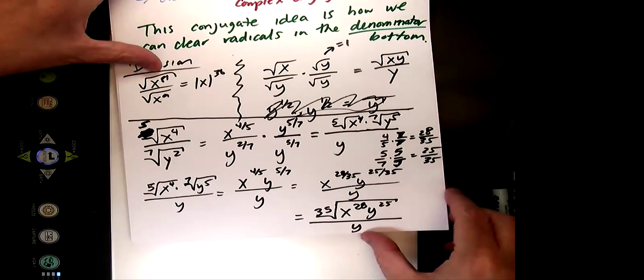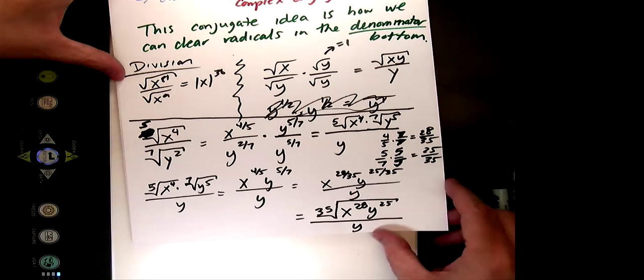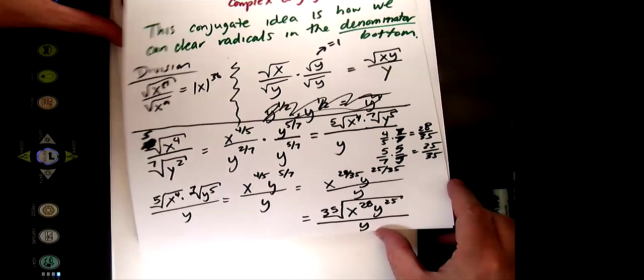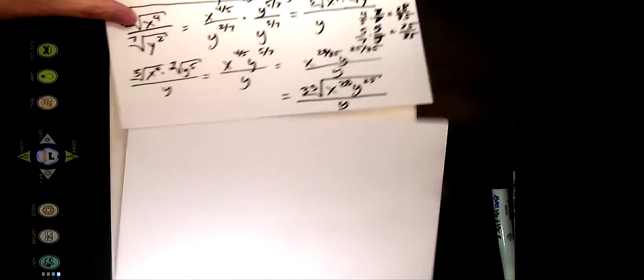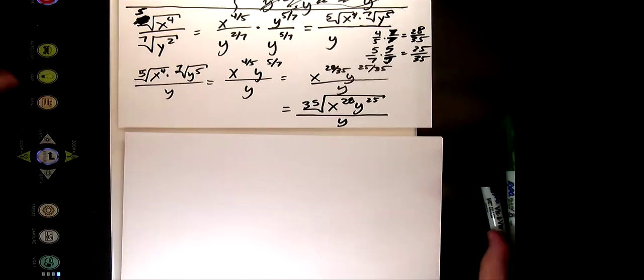Alright. So that's divided by stuff that doesn't have a plus or minus in it. When we have a plus or minus in it. Don't go to sleep on me.